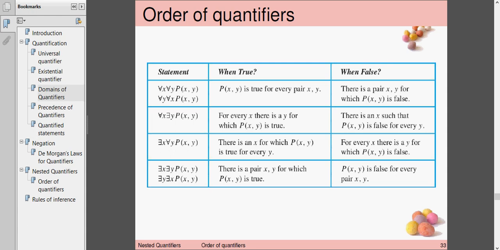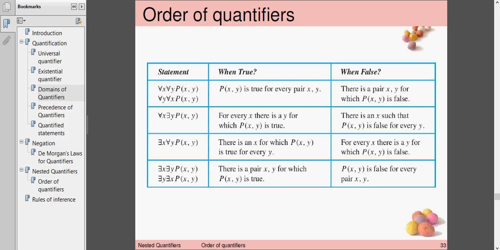Okay, for all X, all Y, B(X,Y): B is true for all pairs X and Y. This is correct. When it's false, there is a pair of X and Y for which B is false. For all X, at least one Y: for every X there is a Y for which B is true.